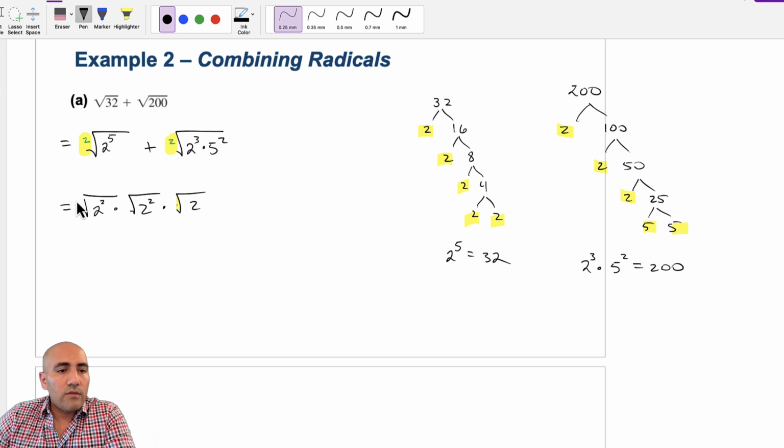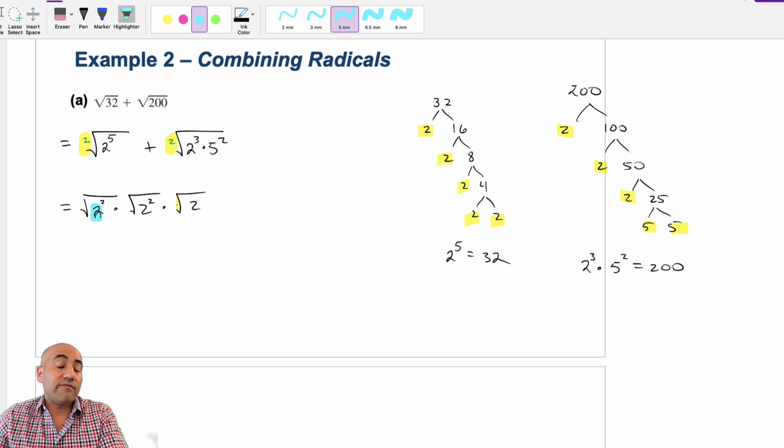So now these undo each other. They're even, 2 and 2, but in this case, it's not a mystery. I know that this 2 right here is a positive number, so I don't have to worry about absolute values. The absolute value is going to happen if I know it's negative, or if I don't know what it is, if it's a variable.